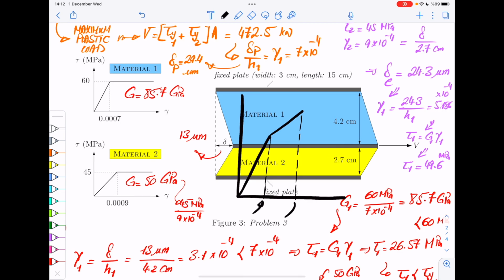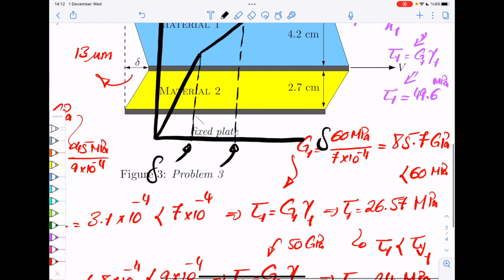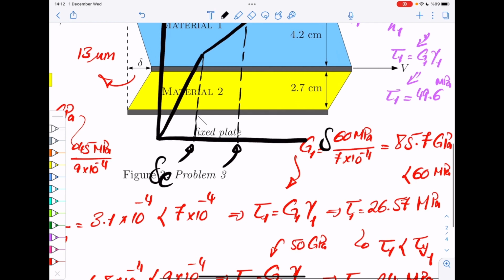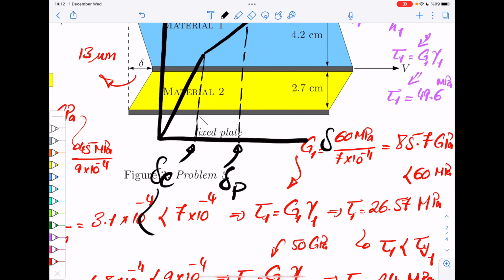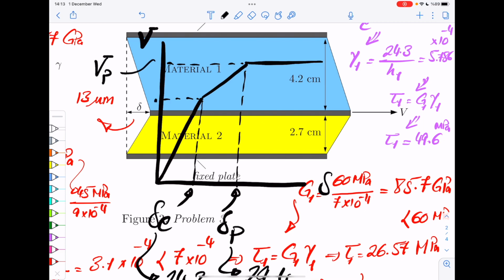And then again, if you think of this axis to be delta, this would be delta E, and this would be delta P. And we calculated them. So delta E is 24.3, and delta P is 29.4. Okay? And then after that, your V would be just flat here. And the corresponding forces, we also calculate them. So this is VP, maximum plastic load, and this is VE, maximum elastic load.